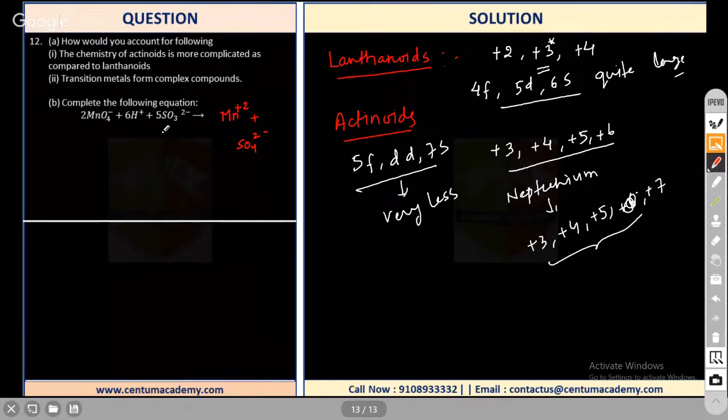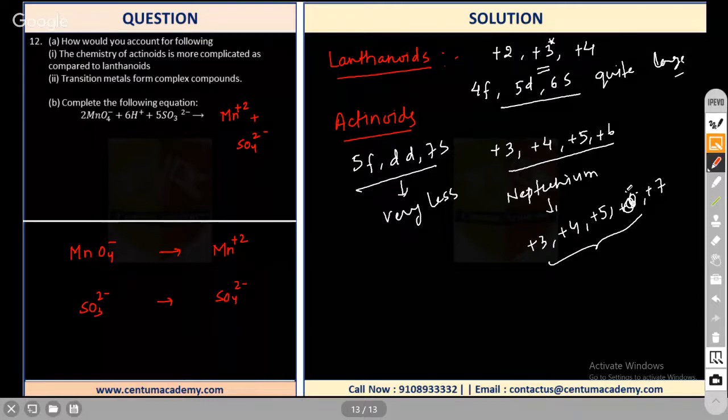Yes, so Mn2 plus and SO4 2 minus. Now you see the two reactions here: MnO4 minus is converting into Mn plus 2, and SO3 2 minus is converting into SO4 2 minus.